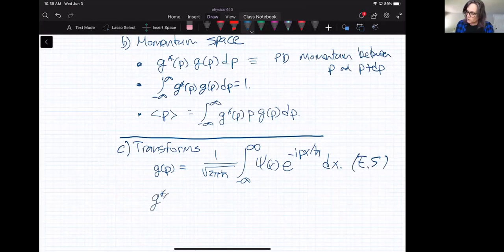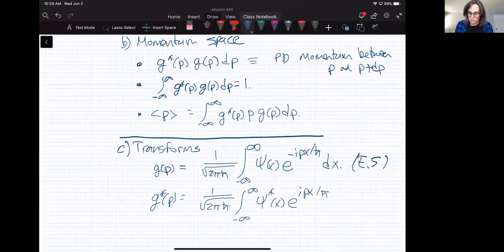And of course, g star of p is equal to 1 over the square root of 2 pi h bar times the integral from minus infinity to infinity of psi star of x e to the i p x over h bar dx.